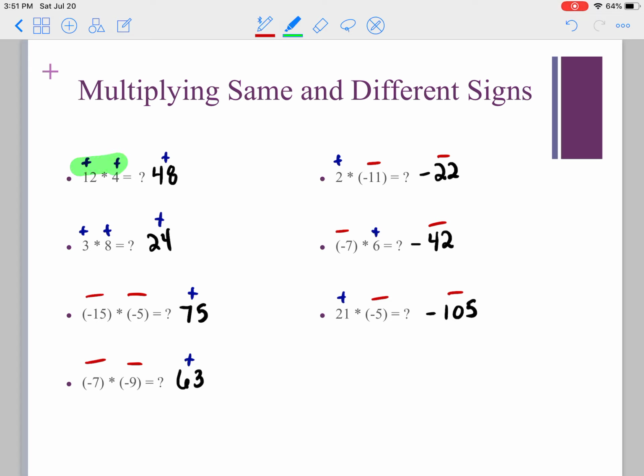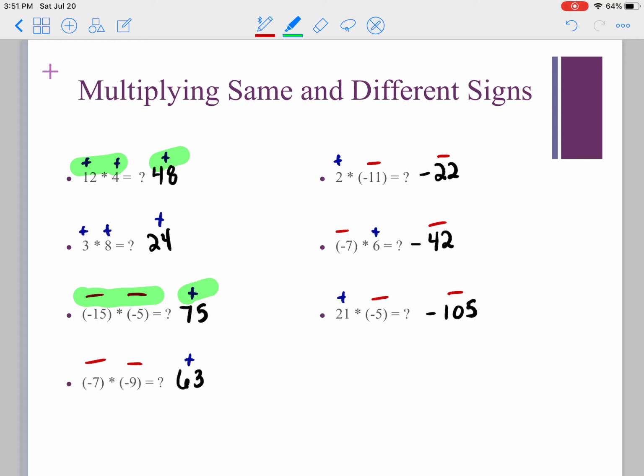So notice we have two positives and it equals a positive. That might lead you to think, oh, you multiply a positive and a positive, you get a positive. And that is true, but there is something more generalized than that. Notice also when you multiply a negative and a negative, you don't get a negative. You end up with a positive.